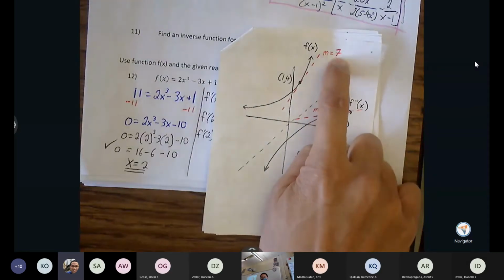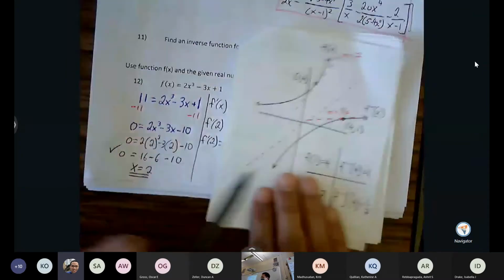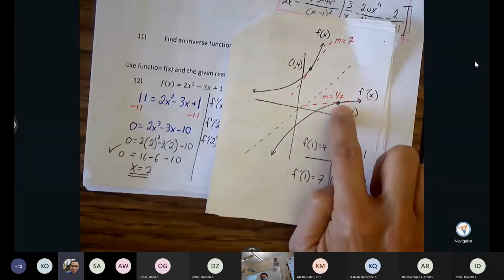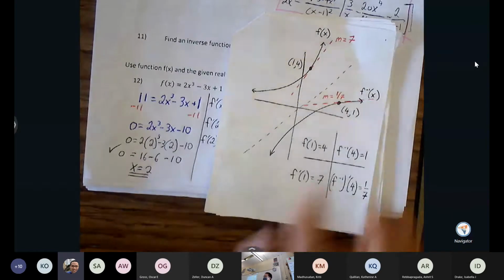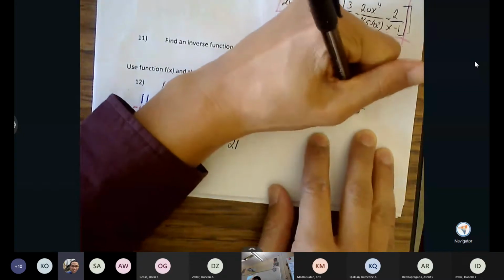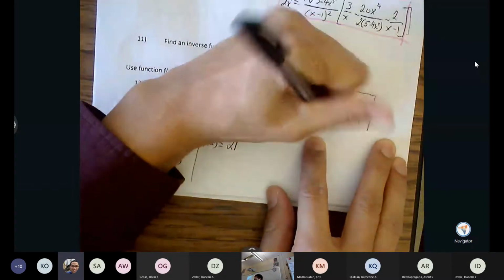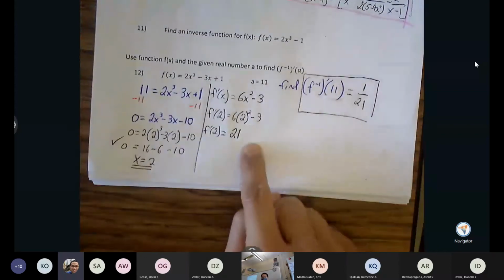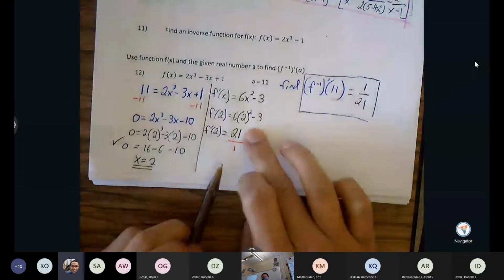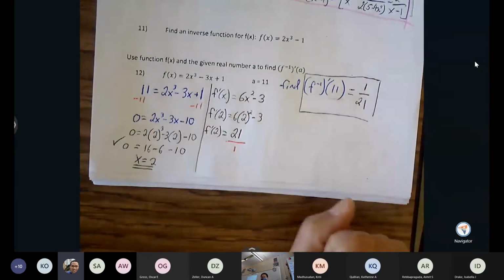So if the slope of this graph is 21, then on the inverse, which is on the other graph, at a corresponding point, the slope is just the reciprocal. Don't change the sign, just flip the numerator and denominator. Because 21 is really 21 over 1, we flip the numerator and denominator around, getting 1 over 21.